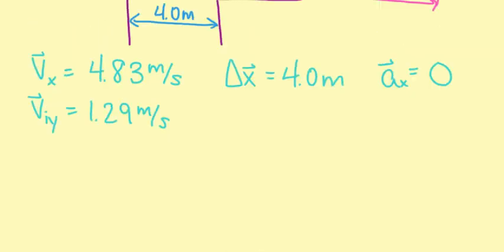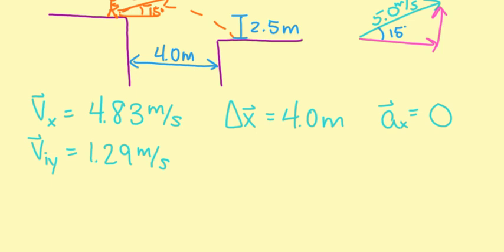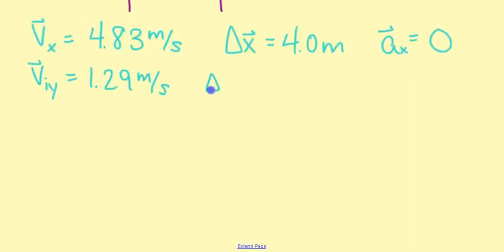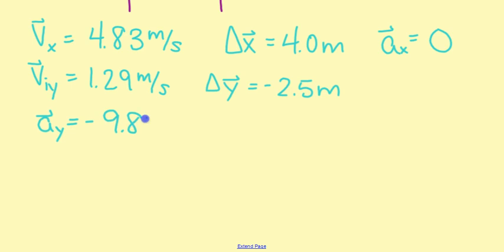For example, we know that our person is going to drop 2.5 meters. That means delta y is equal to negative 2.5 meters. We know that our y acceleration is negative 9.8 meters per second squared.